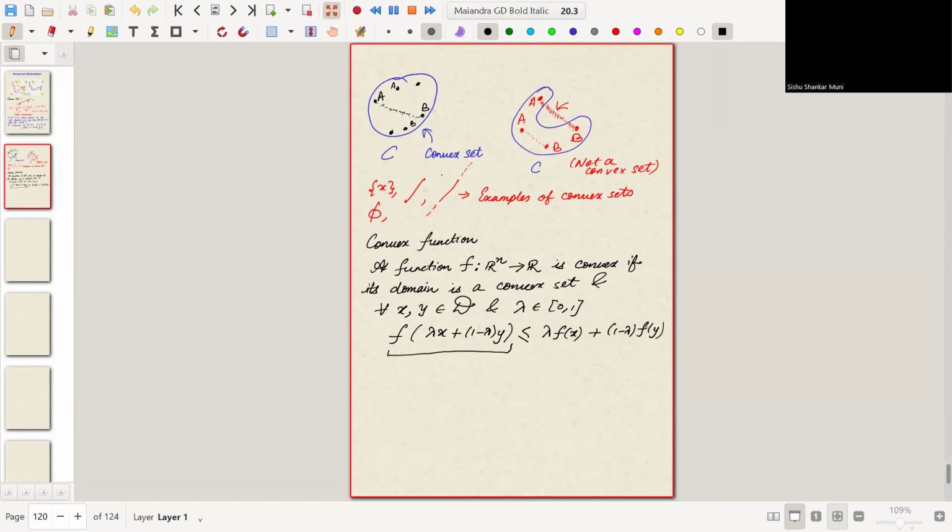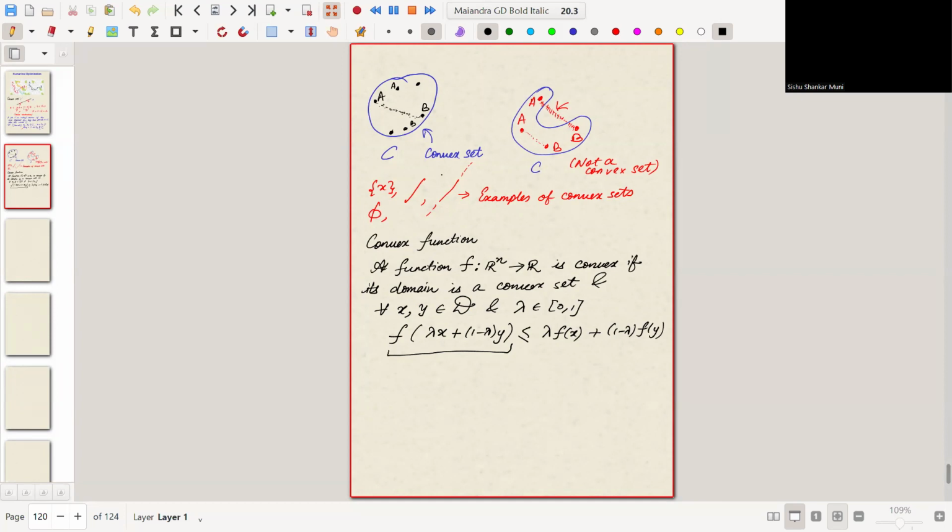The function evaluated at the convex combination of the points x and y should not be larger than the convex combination of f(x) and f(y).